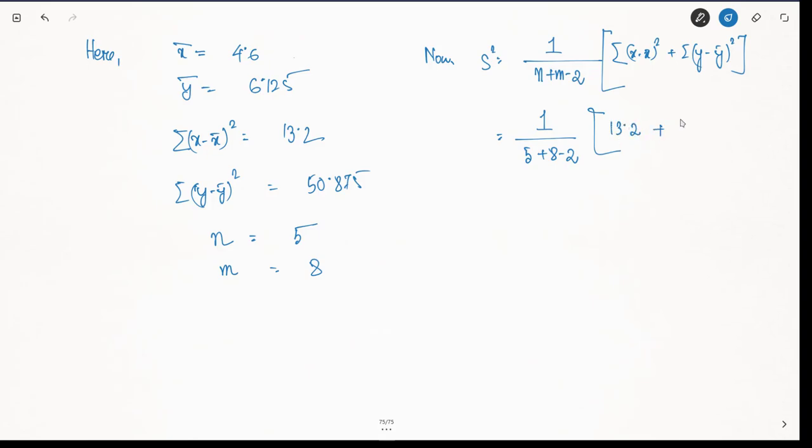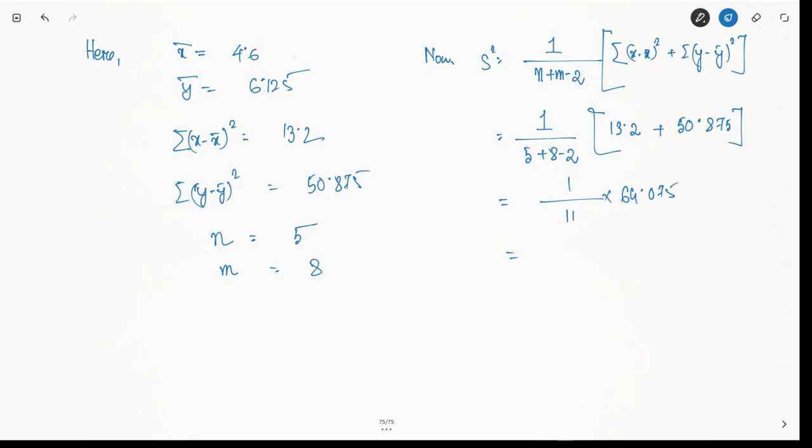times (13.2 plus 50.875), right? So this is equal to 13.2 plus 50.875, which gives you 64, and the denominator will give you 11, right? 1 upon 11 times 64.075, which is equal to 5.825.